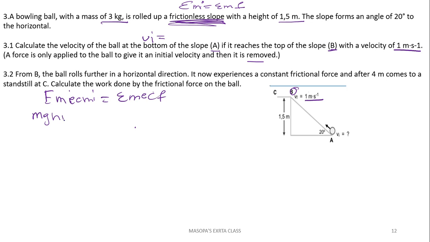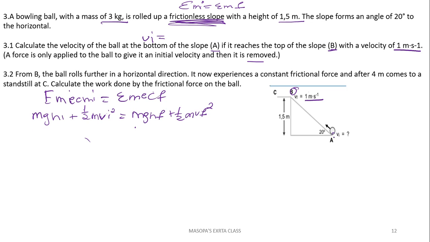Remember the Emac is a sum of gravitational potential energy and kinetic energy. So therefore mgh initial plus 1 over 2 m V initial squared is equal to mgh final plus 1 over 2 mass of final velocity squared. Let's talk about here initially.